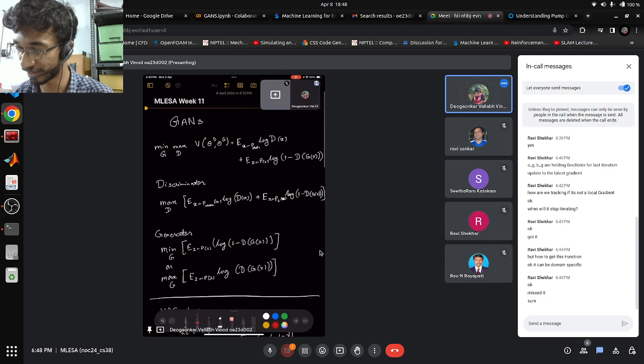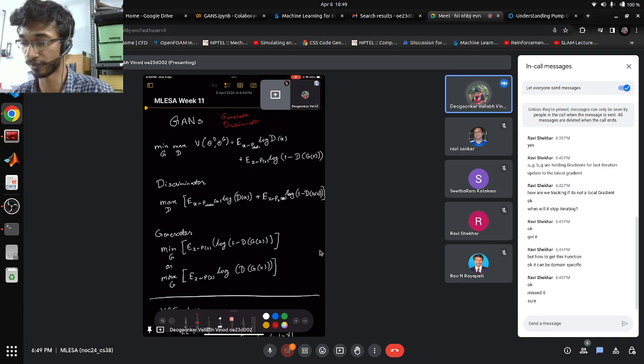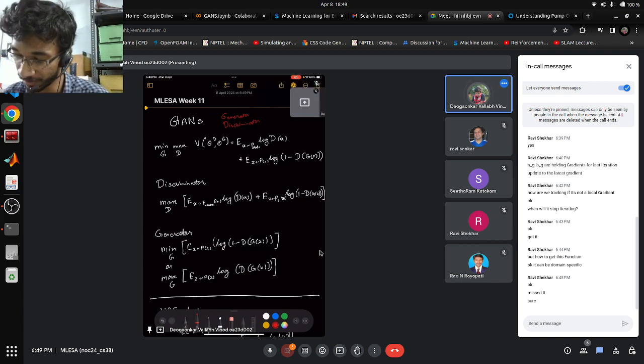Basically, a GAN network, as you know, has two components: a generator and a discriminator. The generator is supposed to return something.